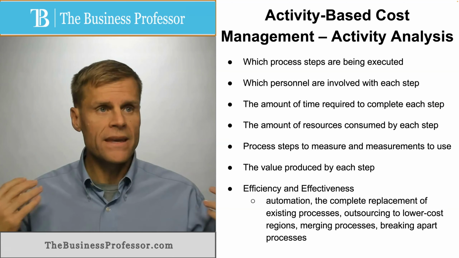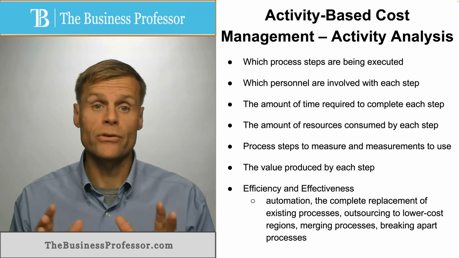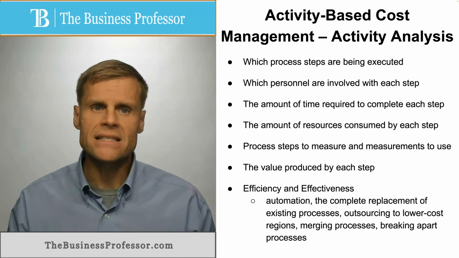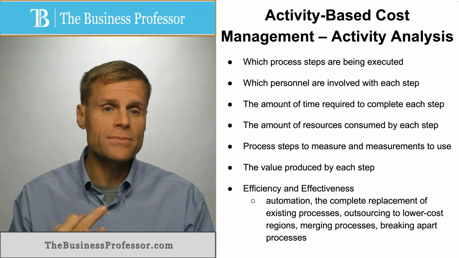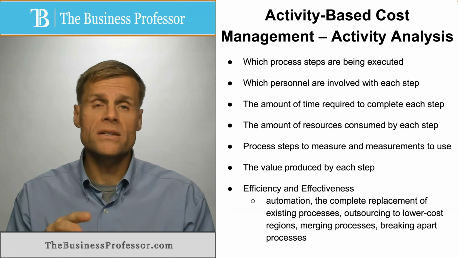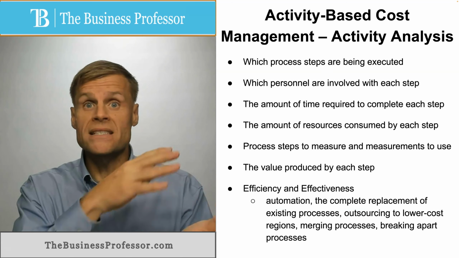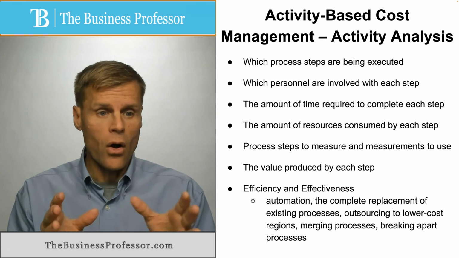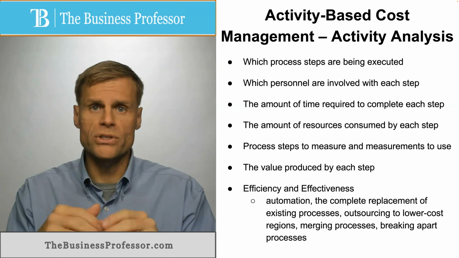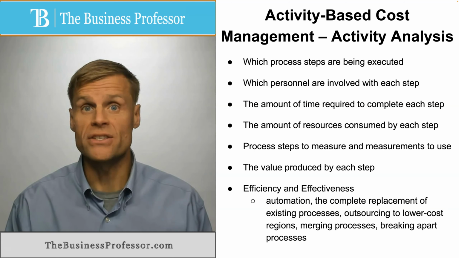The end result of this analysis will be a decision with regard to how to improve the efficiency or effectiveness of the process through things like automation, replacement of whatever is happening in the existing process, outsourcing of lower cost aspects of the process, merging processes with other processes that you may already be doing internally, or in some cases even breaking apart processes into smaller portions. Again, whatever is unique to the project that will add a degree of efficiency or effectiveness.